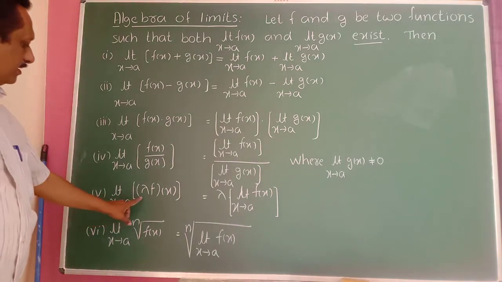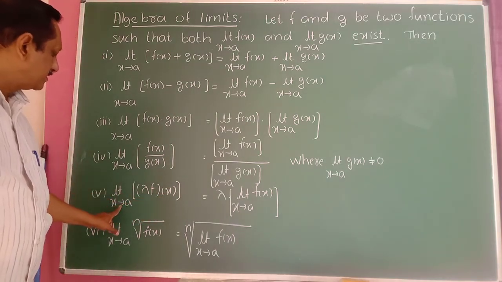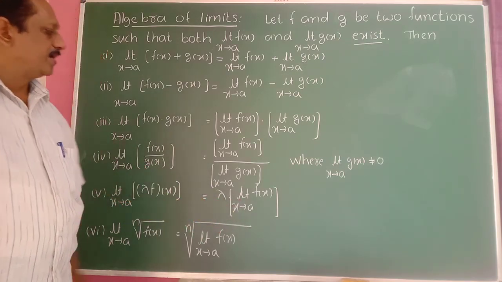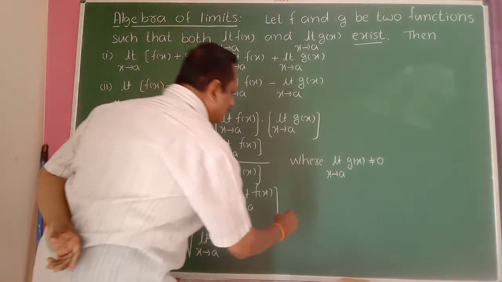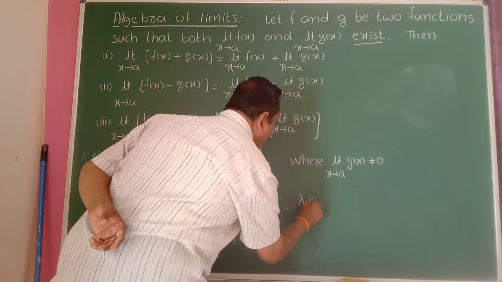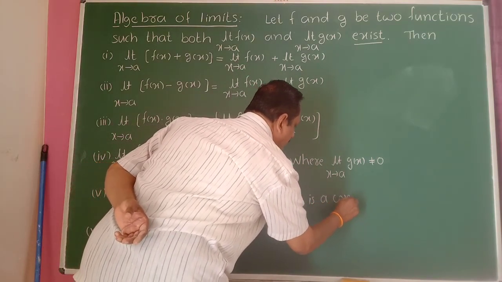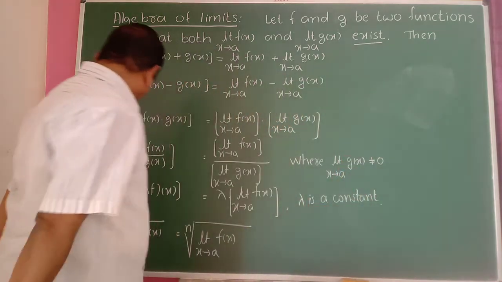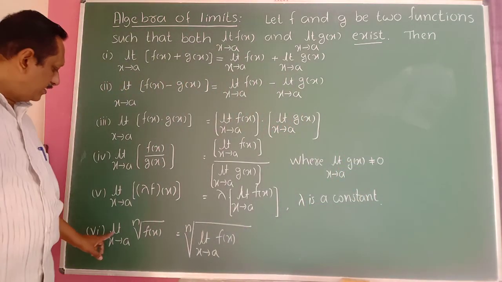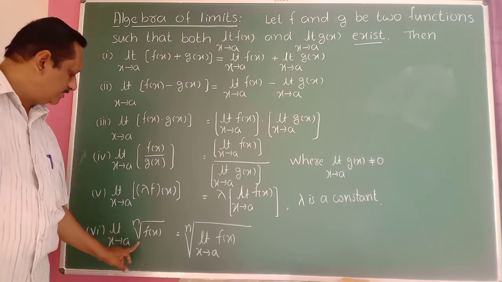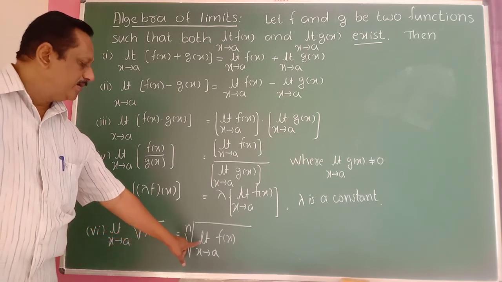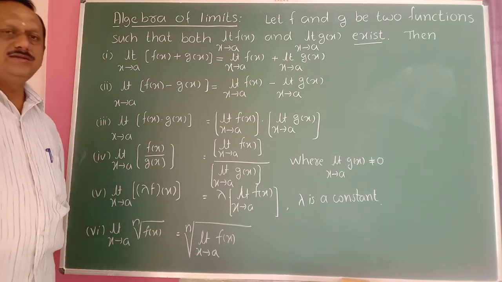Next, limit lambda f of x as x tending to a is equal to lambda into limit f of x as x tending to a, where lambda is a constant or scalar quantity. Next, limit of nth root of f of x as x tending to a is equal to the nth root of limit f of x as x tending to a.